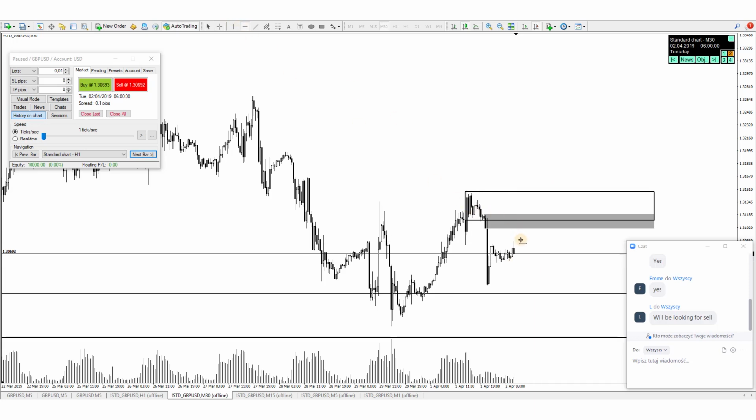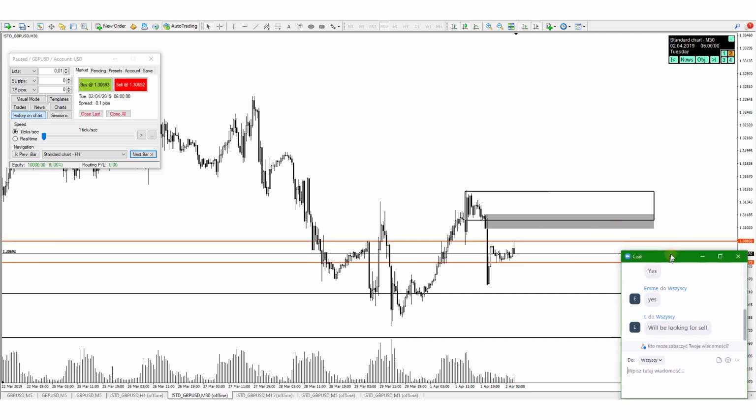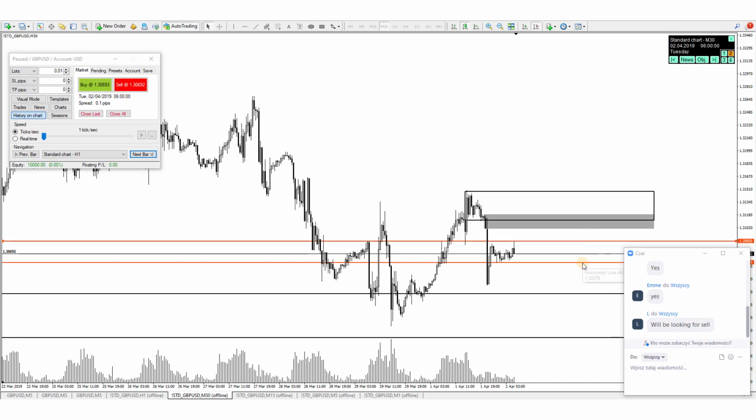So here will definitely be the Asian high, and here we have the Asian low. So the first key levels. We just need to mark this to copy to lower time frames.